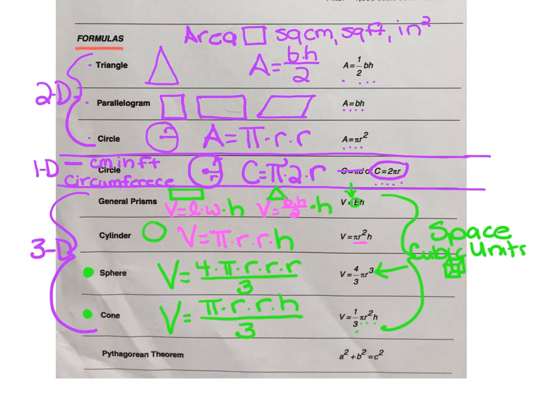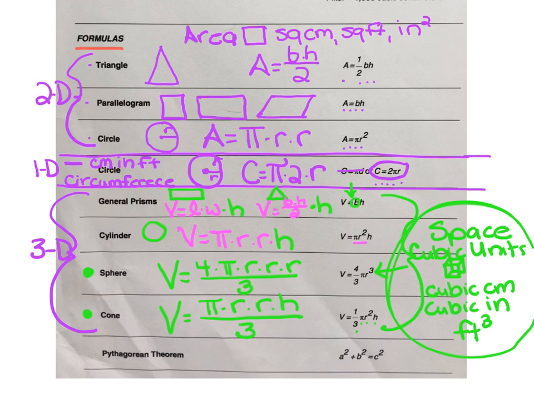And you might use a cubic centimeter to measure space, or a cubic inch. Or you could write it this way, you could use a cubic foot to measure space. But when we're measuring volume, we're measuring space. And those are the kinds of units we use.